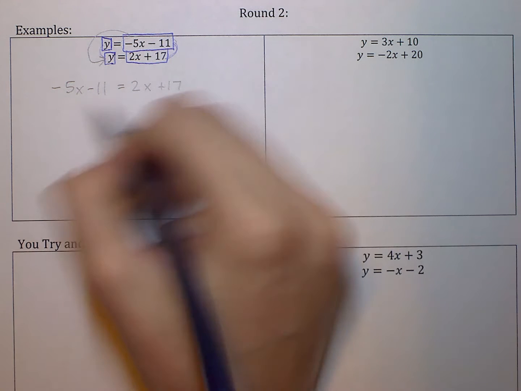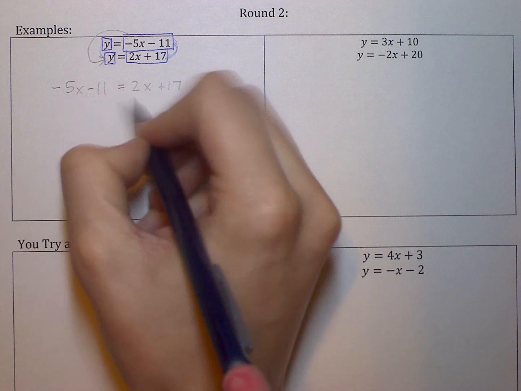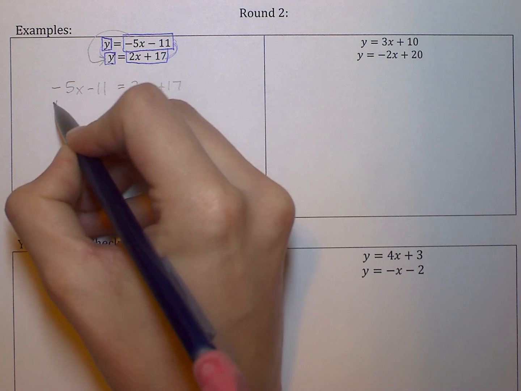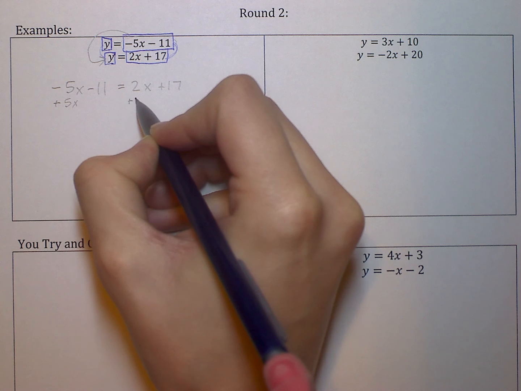I need all the x's on one side, right? So I have x's over here and x's over here. I'm going to cancel them off one side. Either side is okay. I like to work with positive numbers, so I see negatives over here. I'm going to see if I can get rid of them.